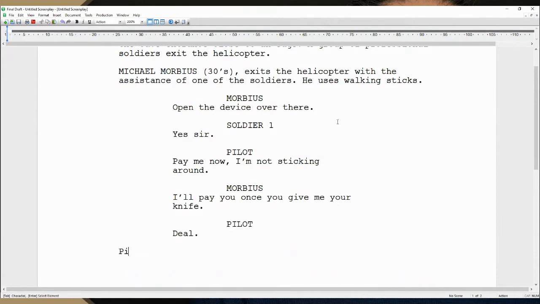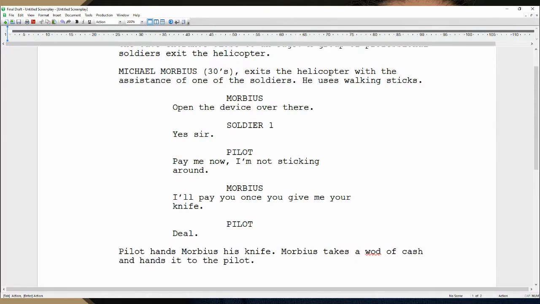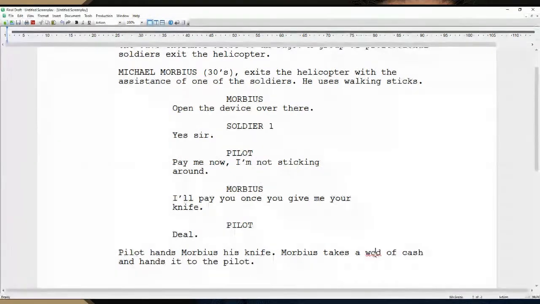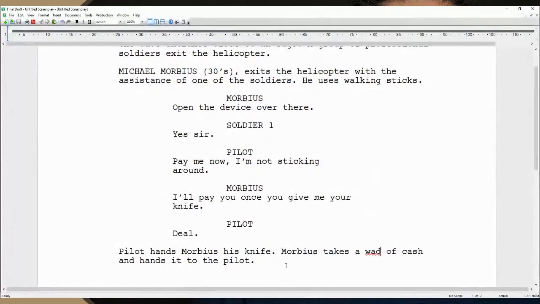And then pilot hands Morbius his knife. Morbius takes a wad of cash out and hands it to the pilot. Wad. Oh, that's right. All right.